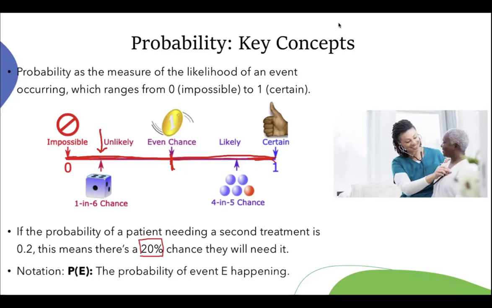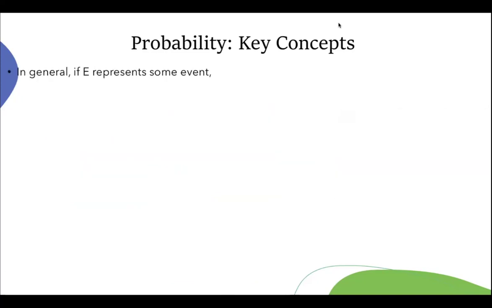We have notation for probability. It's a capital P. And when we put parentheses E after that, we are referring to the probability of an event called E happening. And E could be any event. So we can replace the letter E there with any event, and P parentheses that event would be a numerical measure of the event happening, the probability of it happening.